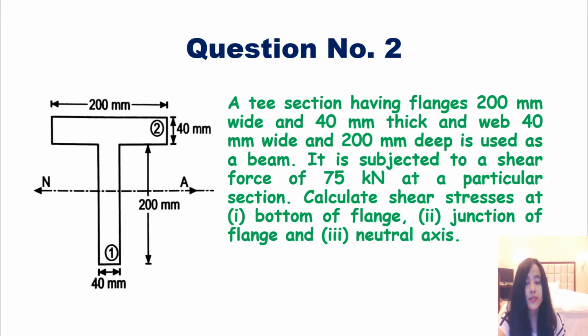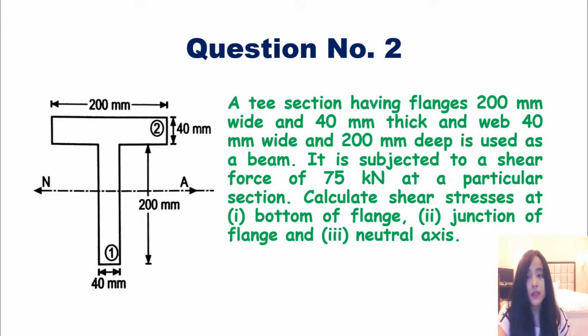So calculate stresses at bottom of the flange, junction of the flange, and neutral axis. So we need to find at 3 places, and this is the unsymmetrical section. So let us see how we can find the shear stresses at these 3 particular places. So let us get started, and this is the last numerical for this unit.